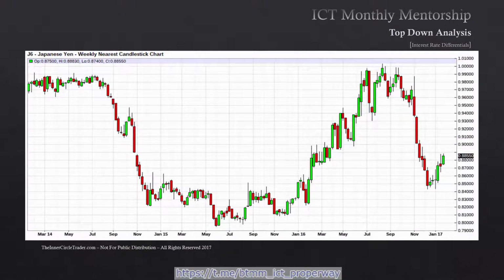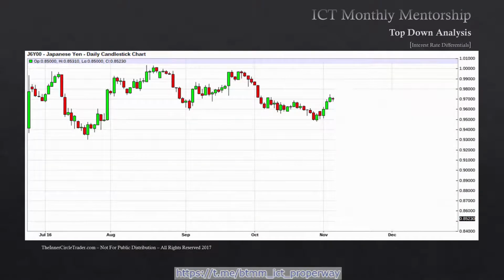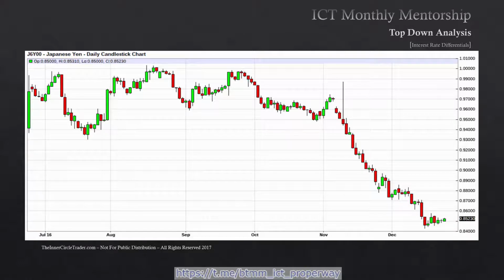As it relates to the cash, you can see the weekly chart here and a bearish order block at the 98.00 level right here. That would set the stage for a move. And this is the cash price of the Japanese yen. Price trades up into that 98 big figure, and weakness is seen from that point on.